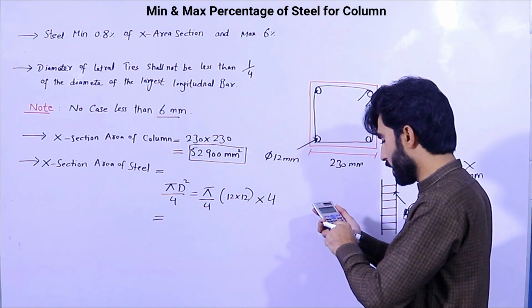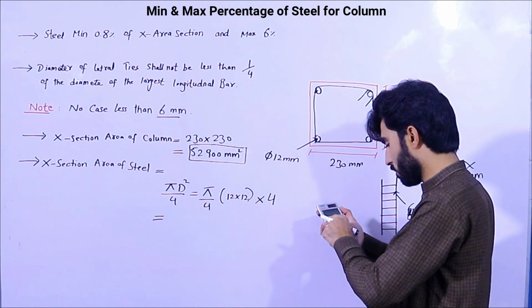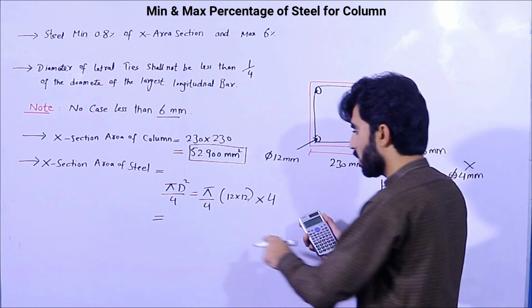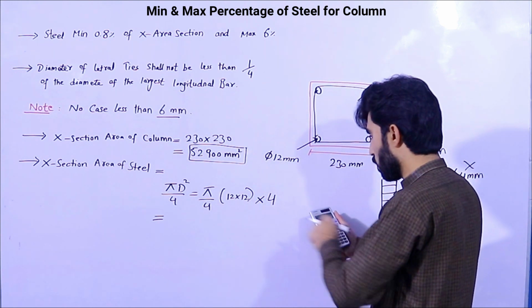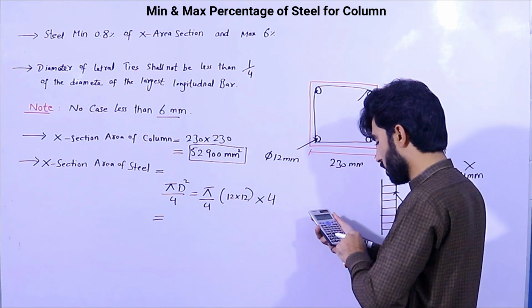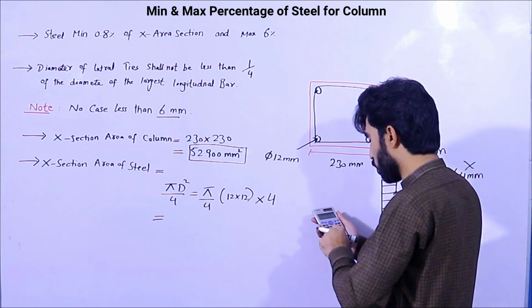So pi divided by 4 multiply 144, which is 12 multiply 12, then multiply 4.